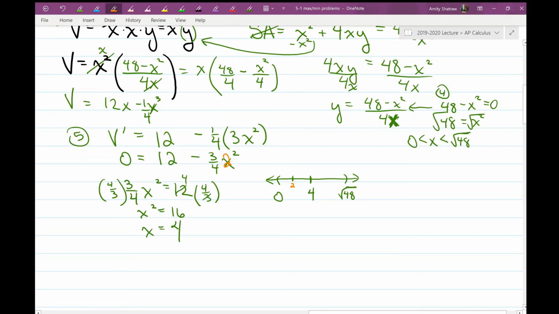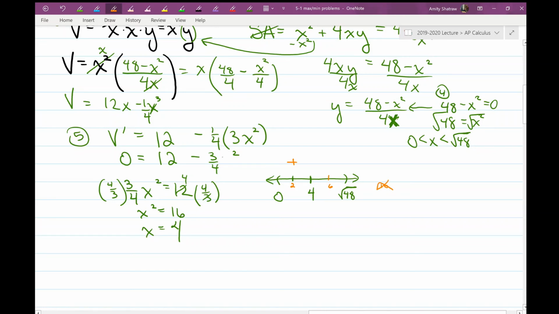And I'm just saying that 3/4 of 4 is definitely not going to be as big as 12. So that means this value is positive. Okay, cool. And then let's say I want to pick a number that's bigger than 4, like for example 6, and not 10 here, because I know you guys know that my favorite number to test is 10, but 10 would be over here outside of the domain, so I can't do 10.